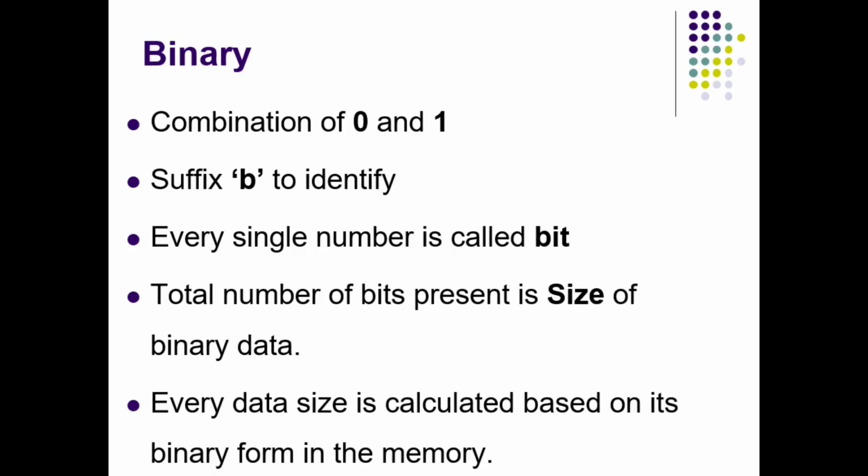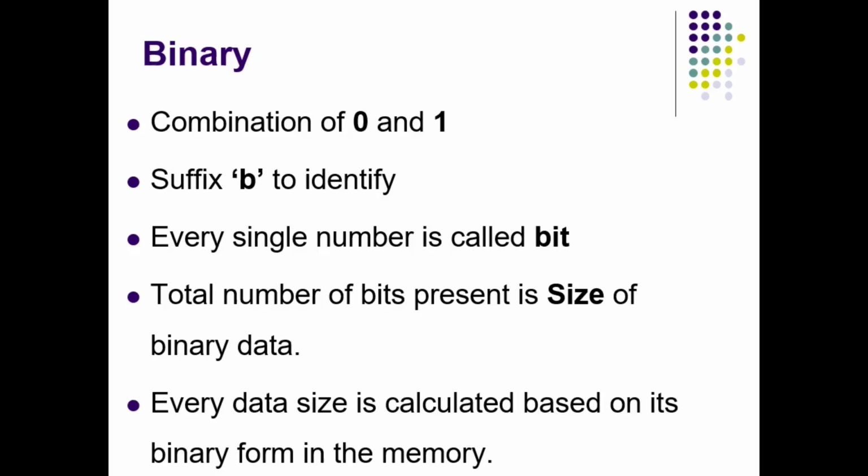When you have a binary number, every digit in that number is called a bit, and the total number of bits present in that number is nothing but the size of the data or size of the number. So 1010 is a 4-bit number, so the size of the data is 4 bits.